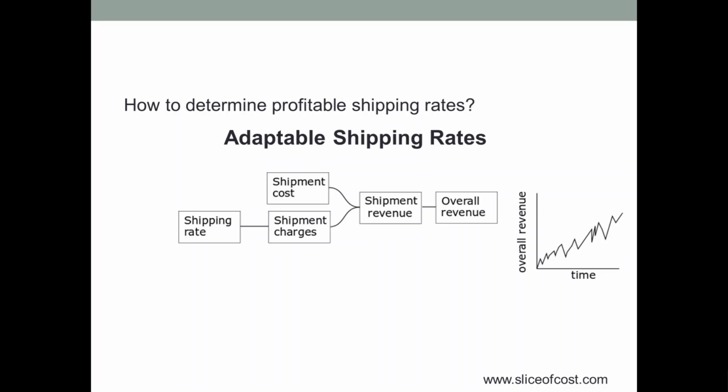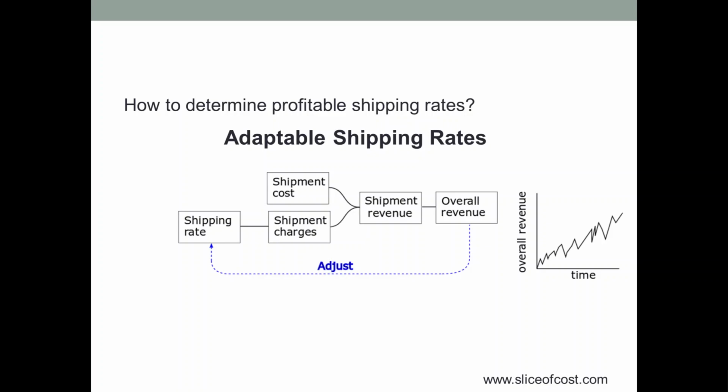If the overall revenue increases over time, then the shipping rates lead to profit. If, however, the overall revenue is decreasing over time, then the shipping rates lead to loss. Based on this graph, the shipping rates can be increased to make the overall revenue increase over time and ensure profitability.